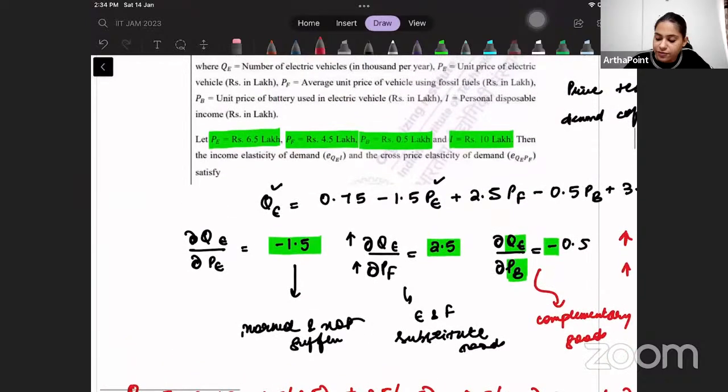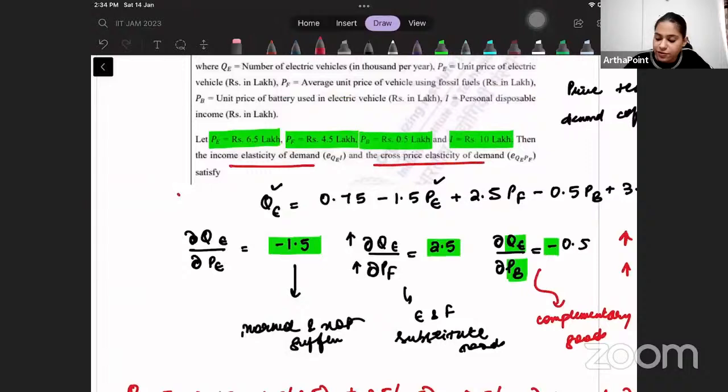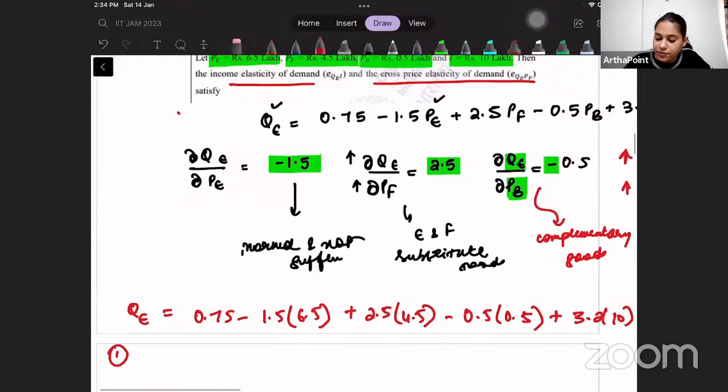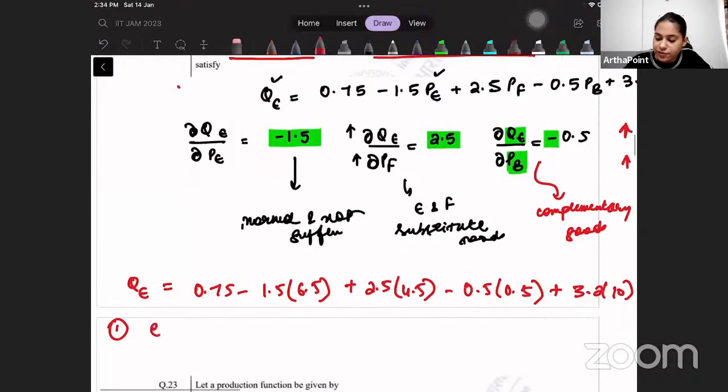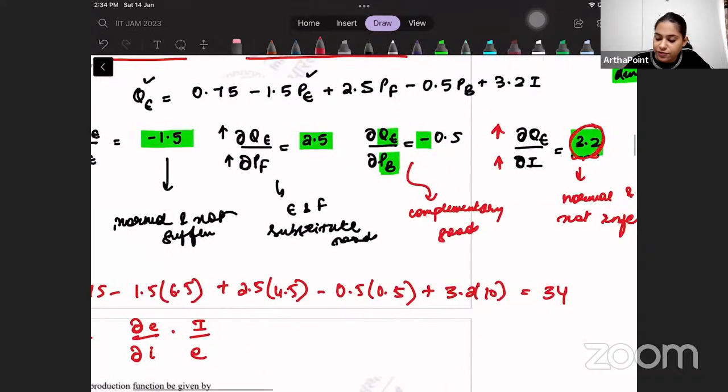But now they're asking us to find income elasticity and cross price elasticity. So let's do that. First of all, what will be income elasticity? Income elasticity will be how E changes as I changes, into the initial value of I by the initial value of E. How E changes as I changes is given to you as 3.2.